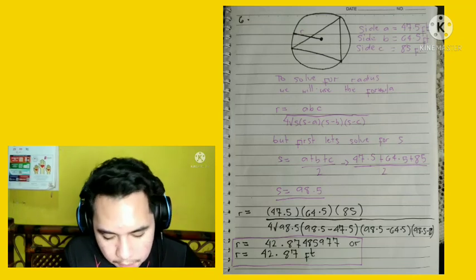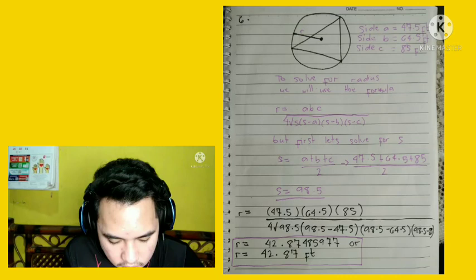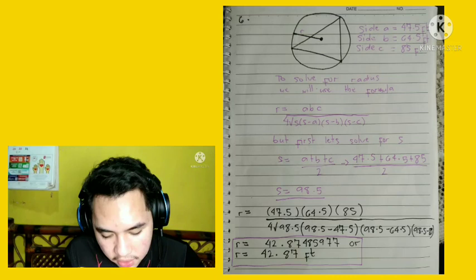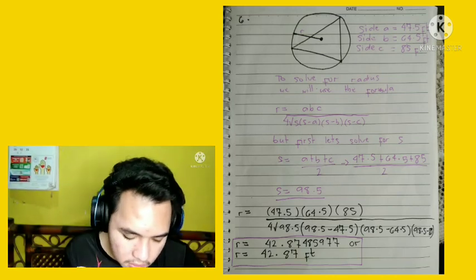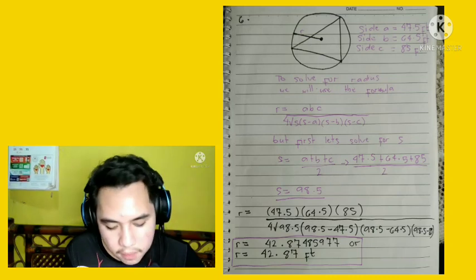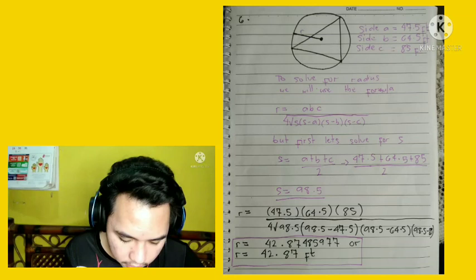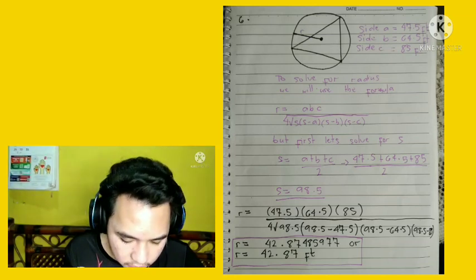So s, the Heron's formula, we have here s is equal to a plus b plus c over 2. So our a is 47.5 plus 64.5 plus 85, and that is our a, b, and c over 2. So our s, if you calculate this, is equal to 98.5.